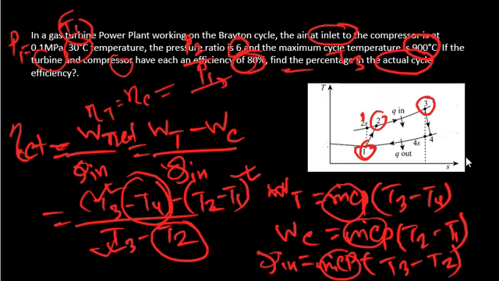For the turbine, the output is T3 minus T4, and the input is T3 minus T4S.